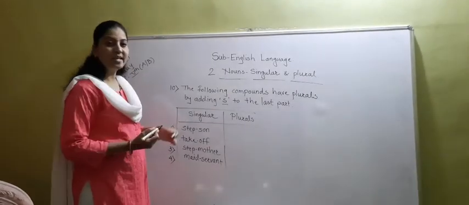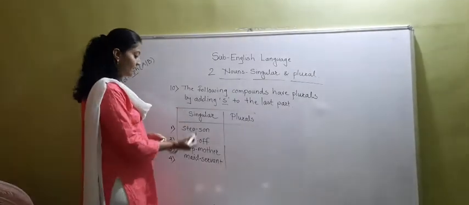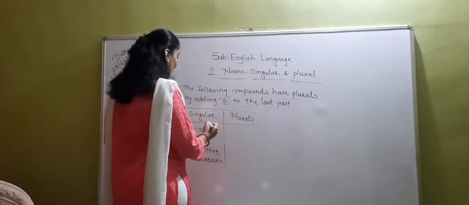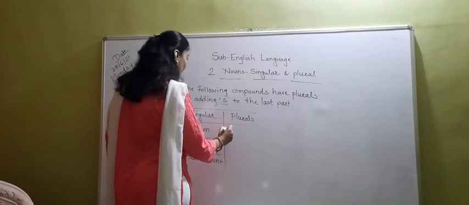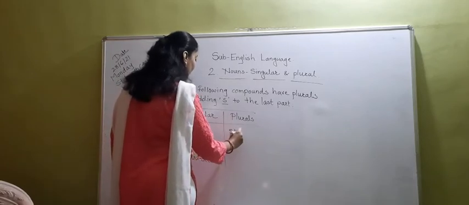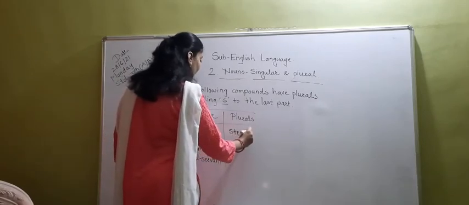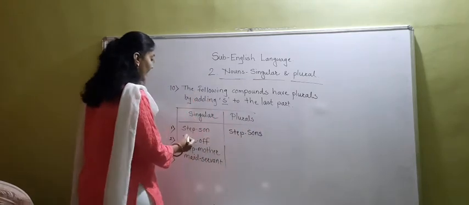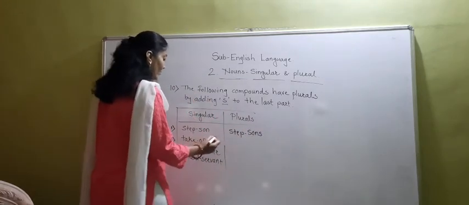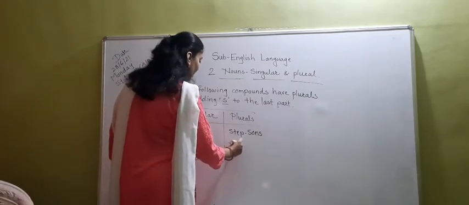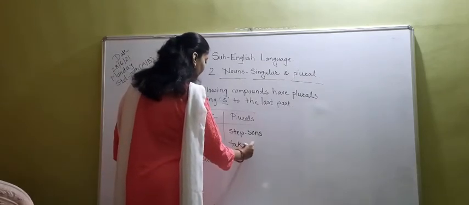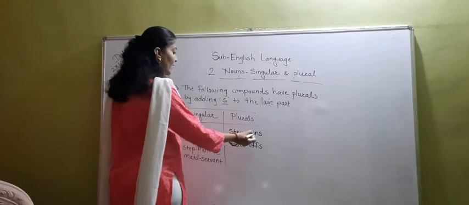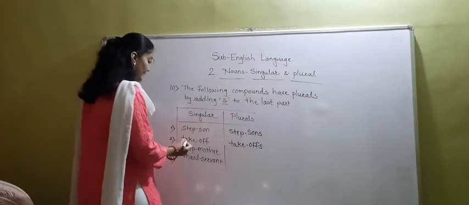Now let's see how to make the plural of these words. Stepson. When we are making the plural of this word, we have to write down step as usual, and here we have to write down sons, stepsons. Take off, here we have to write down take offs. Means simply we have to add s to the last word.